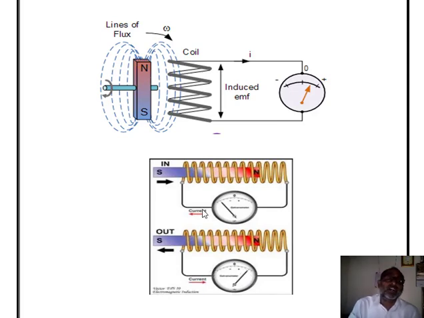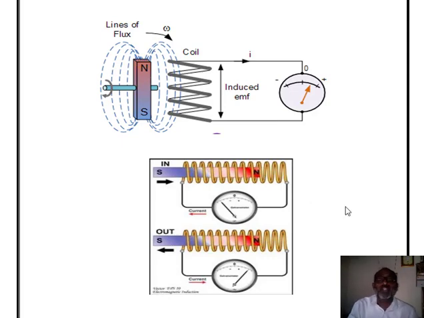From this experiment we can say that when there is relative motion between coil and magnetic field or magnet, then an EMF is induced in the coil, and the direction of the induced EMF depends on the movement, either the magnet moves towards the coil or away from the coil. So the direction of current depends on the polarity of the induced EMF in the coil, and this polarity depends on the movement.